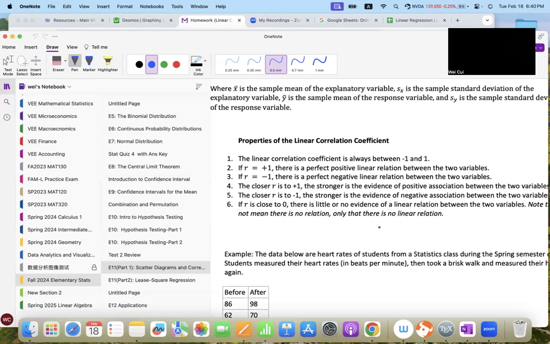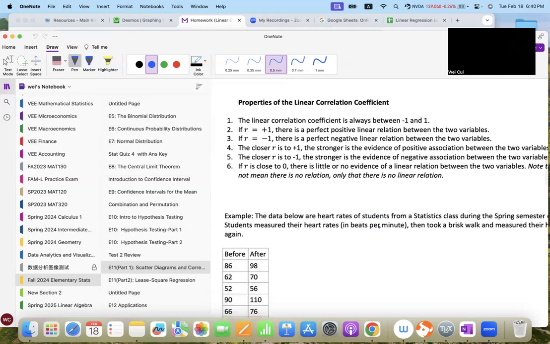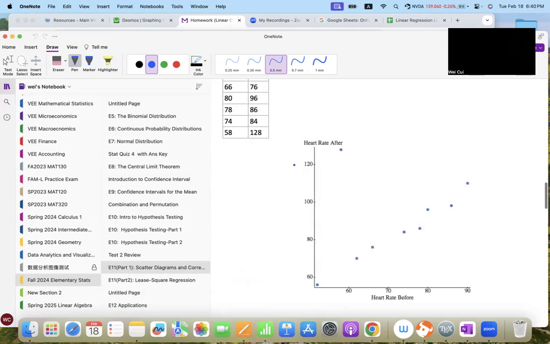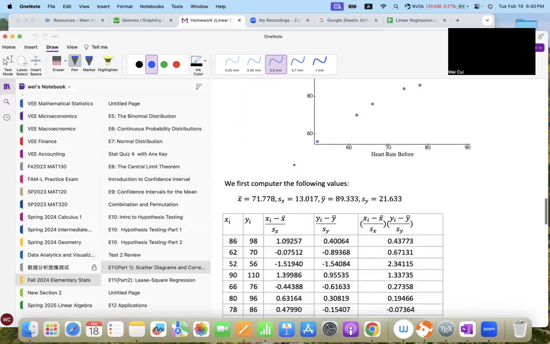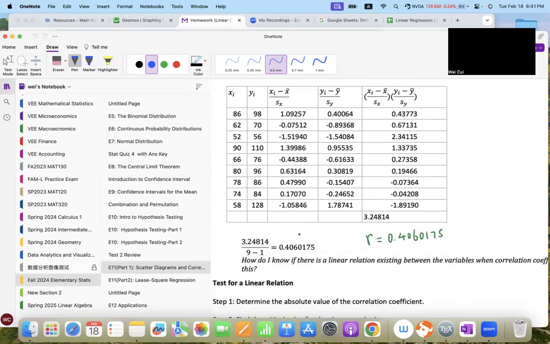But things will be complicated when R is not close to 1 or -1. Say, in the example we saw on Monday, it turns out after we did this calculation, R is 0.4, right? So how can we know what to conclude when we have a coefficient like this one?